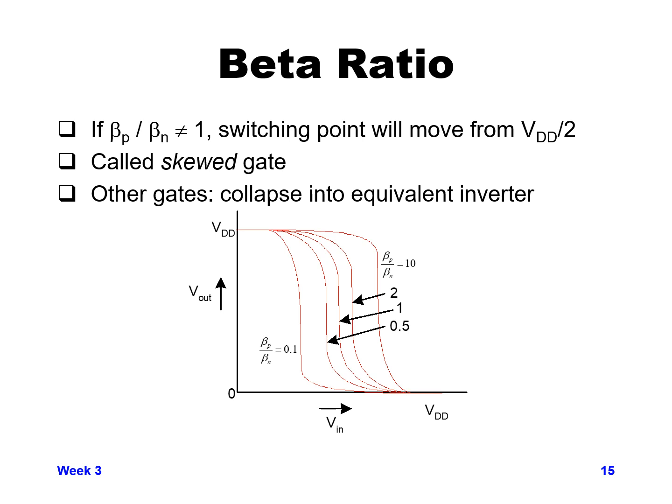So what winds up happening is, as your PMOS device gets stronger, it takes a higher input voltage to cause that switching point of your output going from a 1 to a 0.